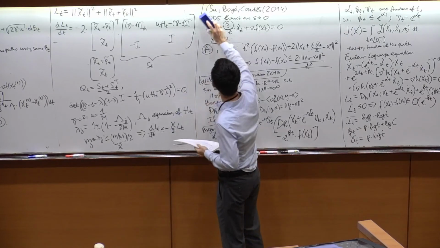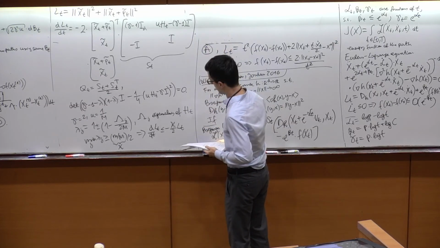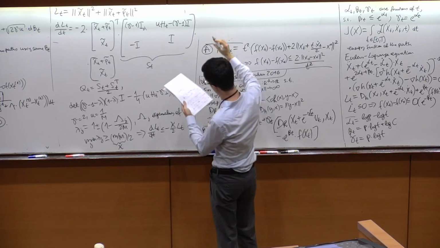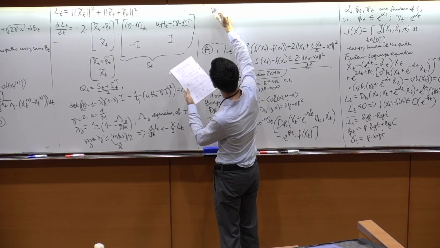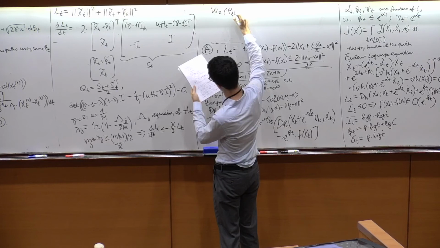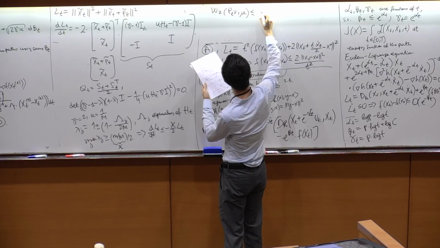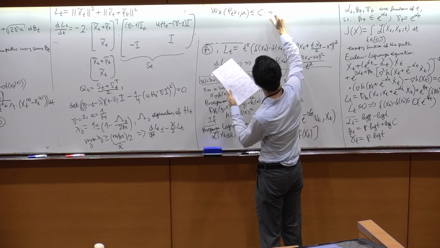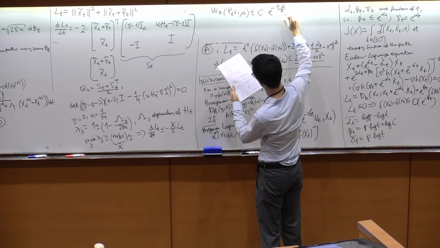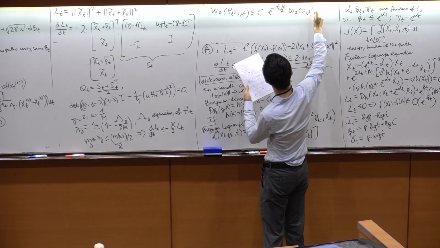And it's straightforward to show that this implies that the Wasserstein 2 distance of P_t nu is less than or equal to some constant times e to the minus t times kappa over 2 times the Wasserstein 2 distance of nu and nu.